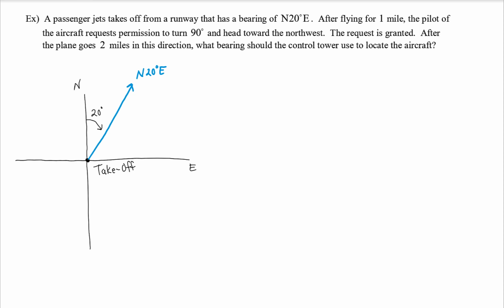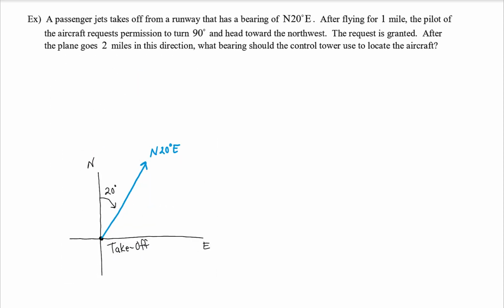After flying for 1 mile, the pilot turns 90 degrees to head toward the northwest. I know you guys can't do this easily on your paper. I apologize. Should have planned ahead. But I'm basically going to give myself some room to adjust this picture. So at some point, say right here, they're going to turn and head towards the northwest, but they make a 90-degree turn.